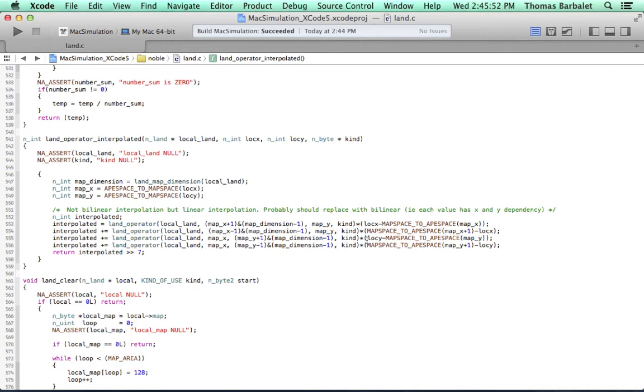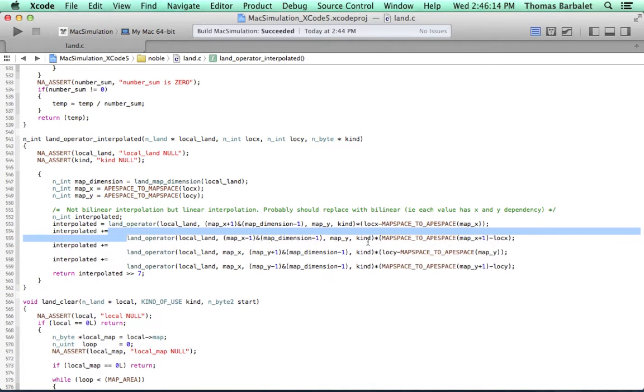Well, maybe it is. Yeah, it's very strange. So maybe it is a legitimate use of ape space to map space, because you're actually using it as a multiplier, quite curiously here. Okay, let's move that back.